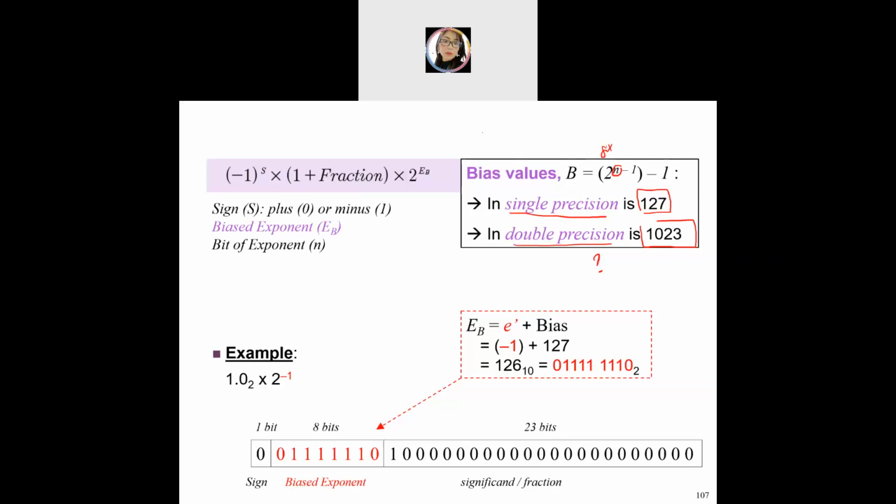Just now for 14 bits, our n value is 5. Similar also for the bias value here, and our n is fixed. For 32-bit or single precision, our n is what? 8. And for double precision, our n is 11. Isn't it?